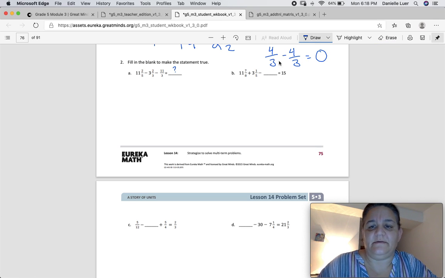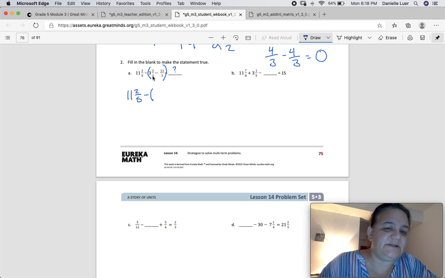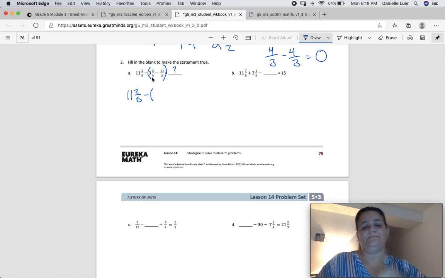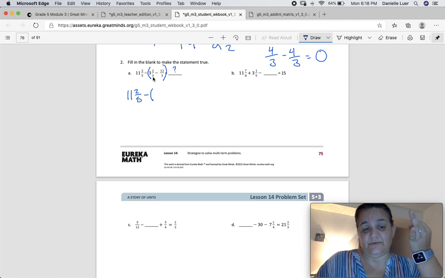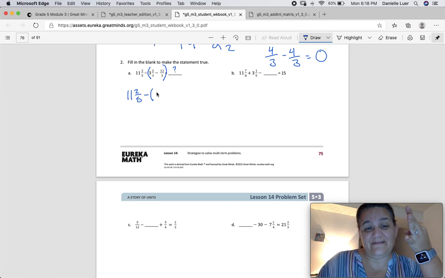So let's try that. I'm going to put a parentheses here and here, and let's see if that makes it a little bit easier. 11 2/5 minus. Now I'm going to just go ahead and turn this all the way into an improper fraction. So 3 3s is 1, 6 3s is 2, 9 3s is 3, 9 plus 2 is 11 3s, minus 11 3s.